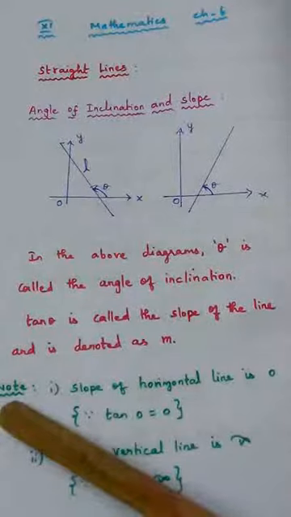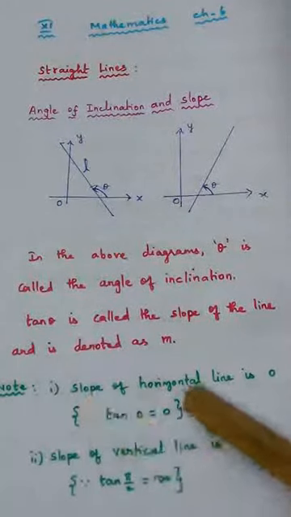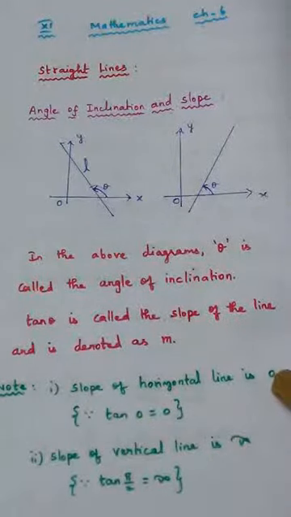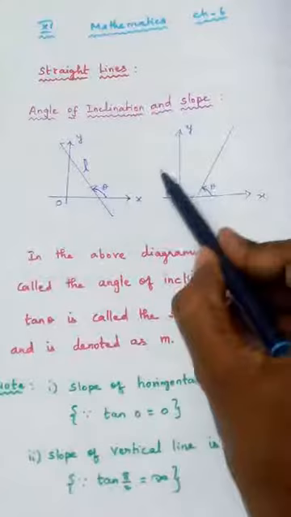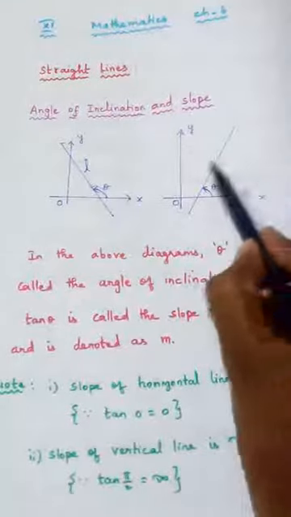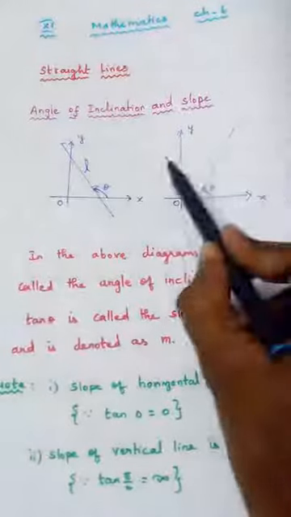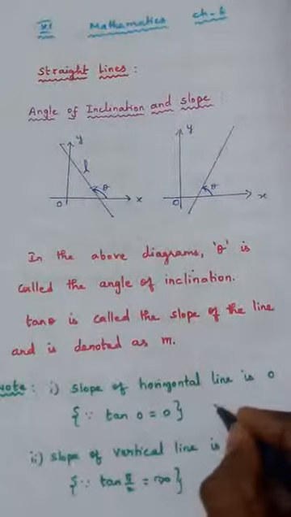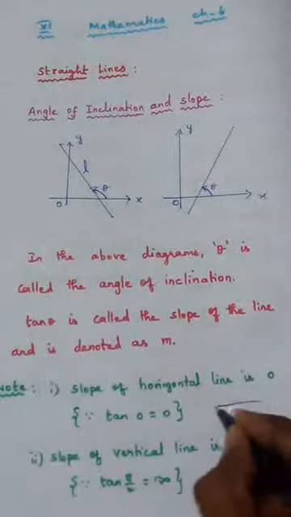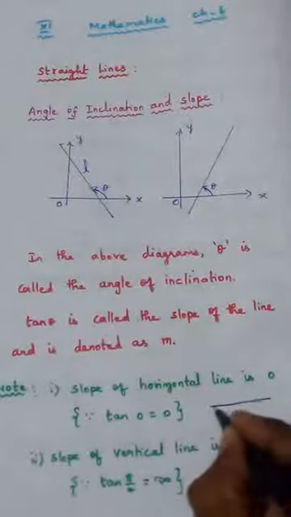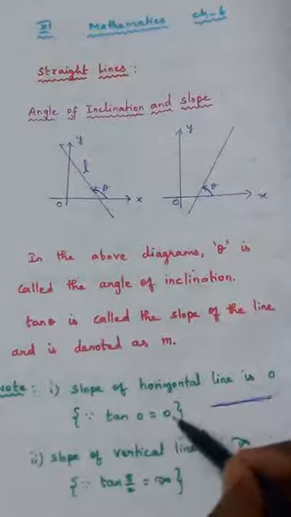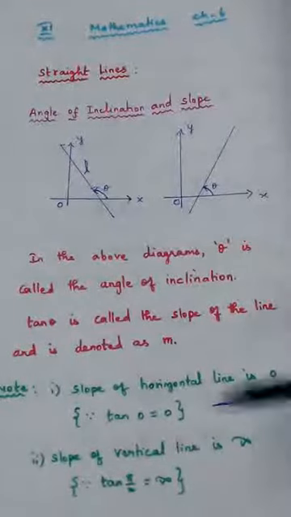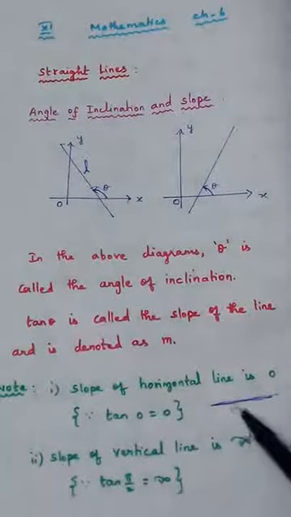So in note, we are going to see few things. Slope of horizontal line is 0. Suppose, for example, if a line is like this, horizontal, that is parallel to x-axis. Such lines, horizontal line means a line which is parallel to x-axis. So this kind of line, the slope is what? 0, because if I measure angle with x-axis, the angle is 0.